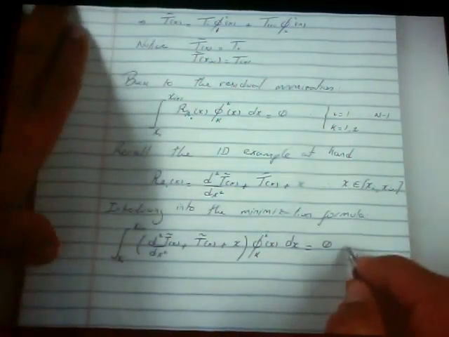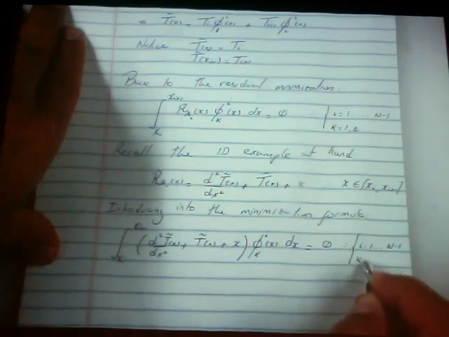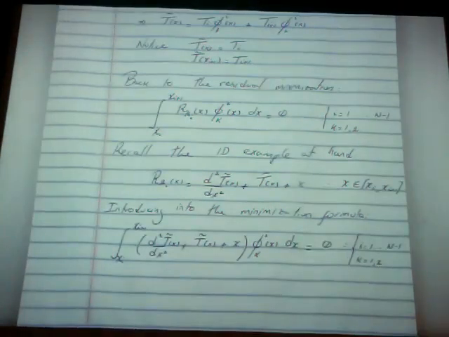And again, this is for I equals 1 through n minus 1 and k equals 1 to 2, because we have two shape functions per element.